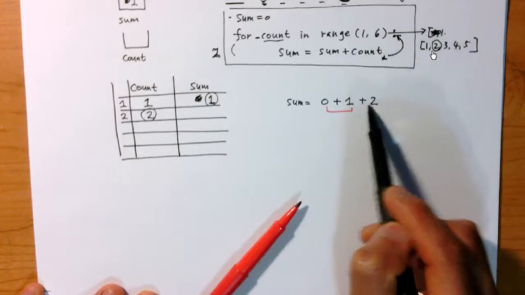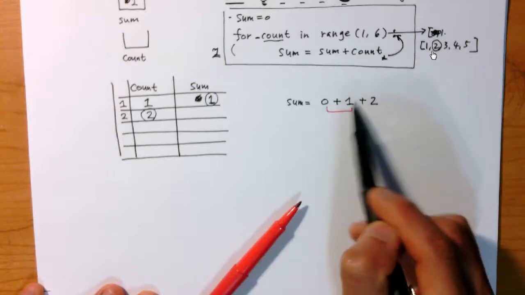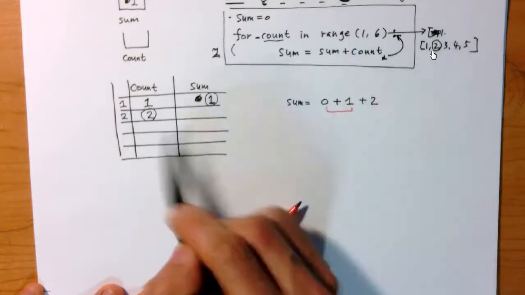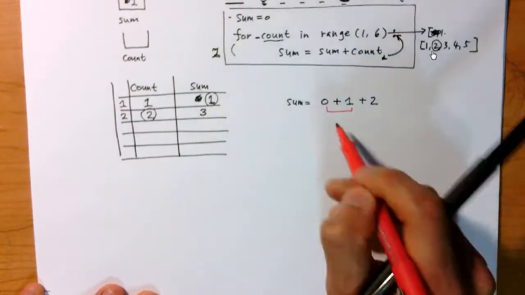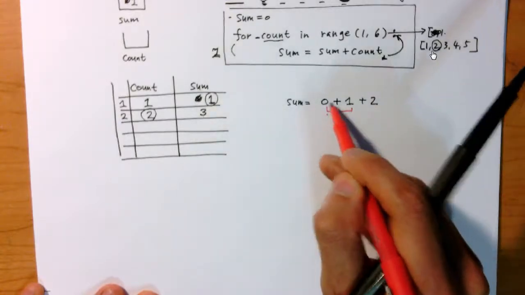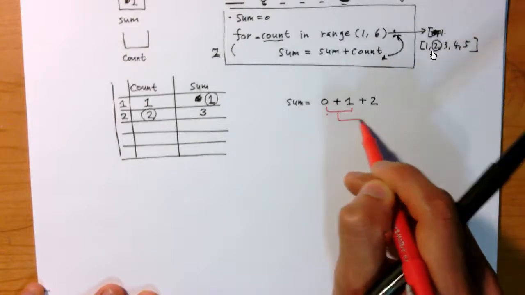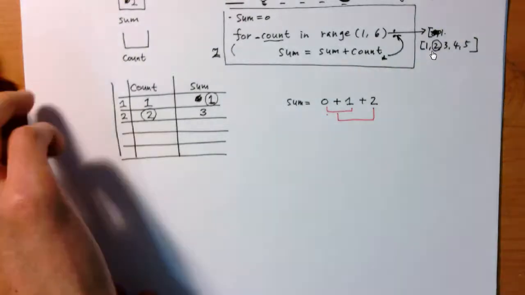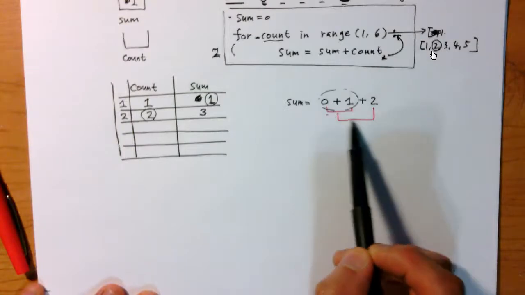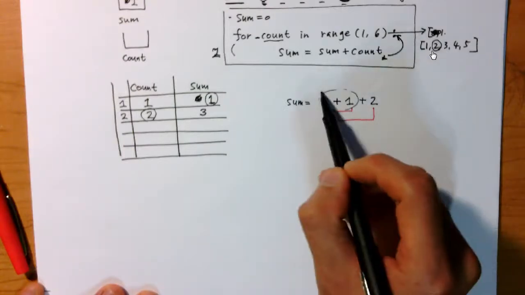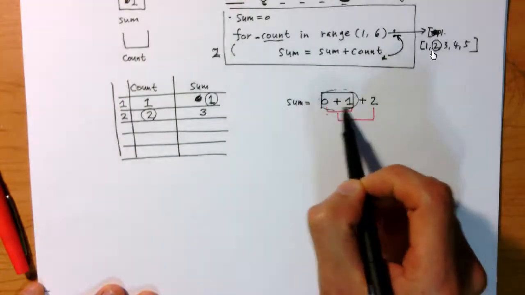So 2 plus 1, the previous value, so my sum becomes 3. So in the second iteration, I'm done. This is my old sum, and now this becomes my new sum.